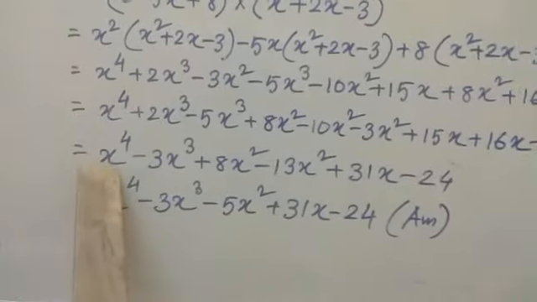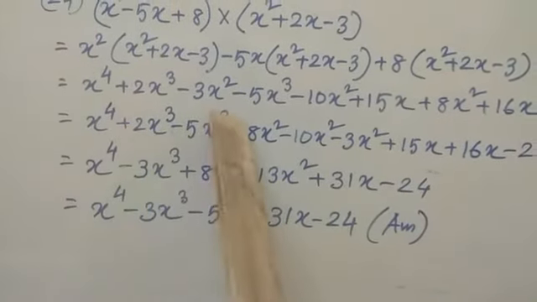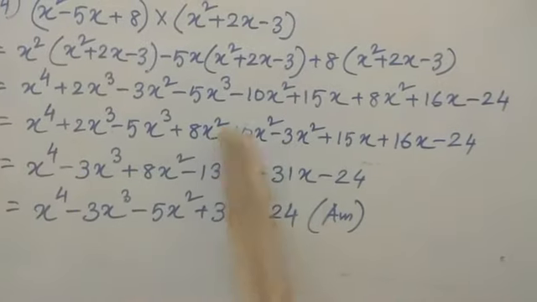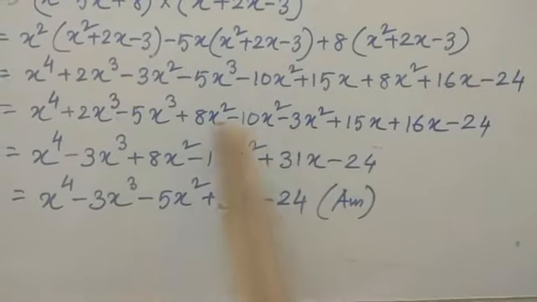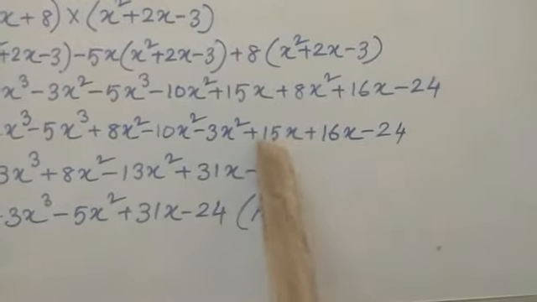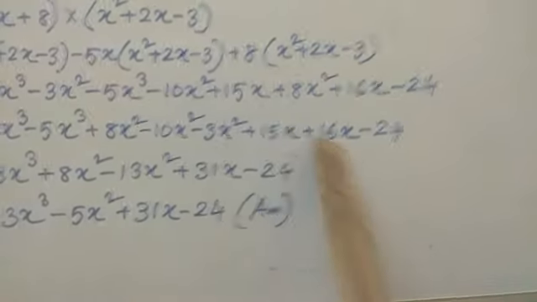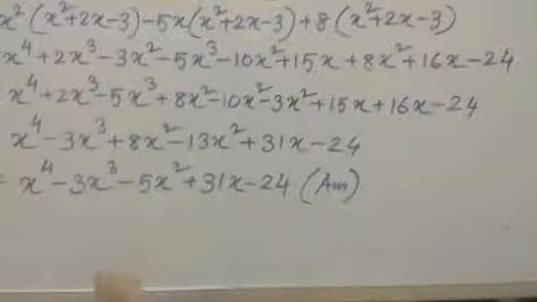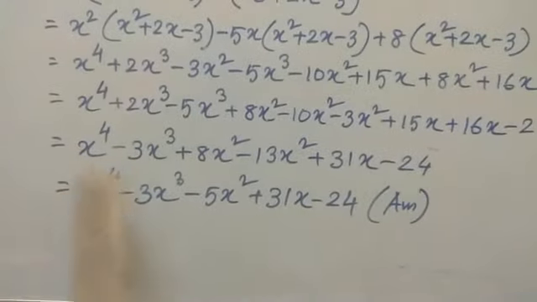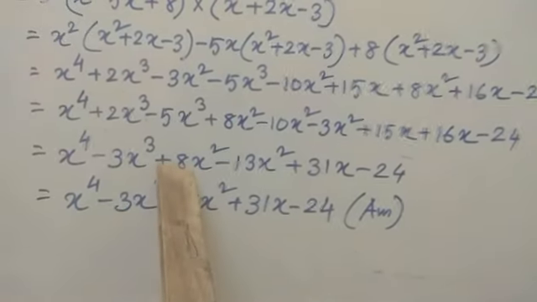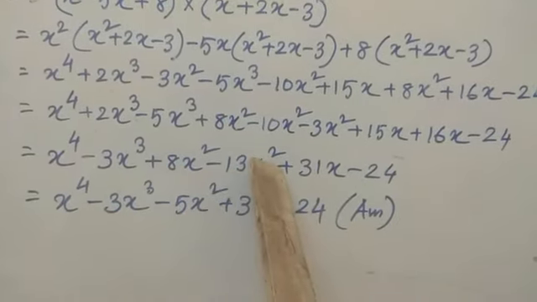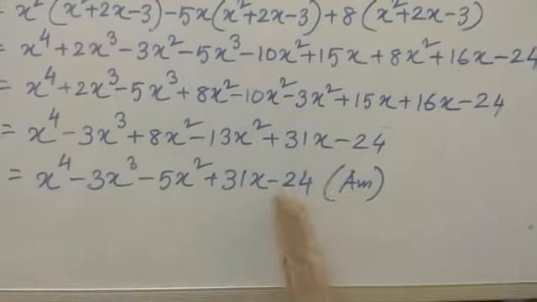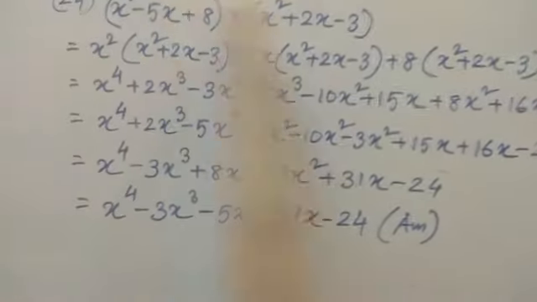Next line, x to the power 4, 2x cube minus 5x cube, so 2 minus 5 is minus 3x cube. 8x² and minus 10x² minus 3x², both are negative terms, so minus 13x². 15x plus 16x, both are positive terms, so 15 plus 16 is 31, with the little coefficient x, minus 24. Last line, x to the power 4 minus 3x cube plus 8x² minus 13x², both are like terms, so minus 13 plus 8 is minus 5x², 31x minus 24. This is the product of these two trinomials.